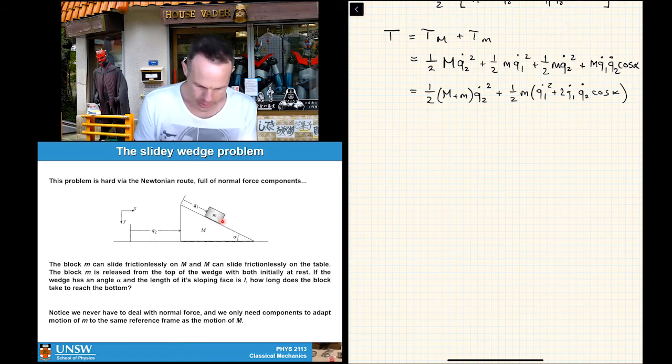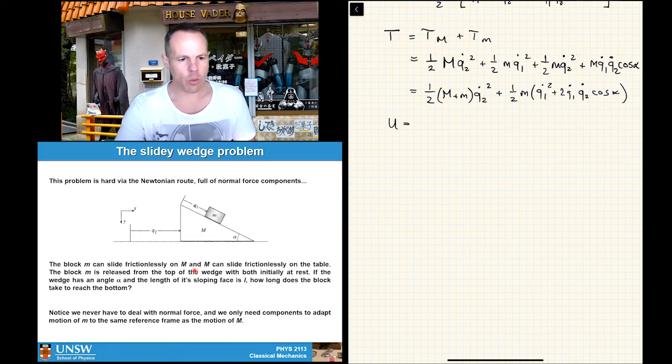We also need our potential energy, and the potential energy for the big wedge is a constant, right, or zero. We can just ignore it because we're going to take derivatives later on. The one that matters up here is going to be this one, right? It's going to be mg times its height above wherever, and it's going to be our q1 projected onto the y-axis.